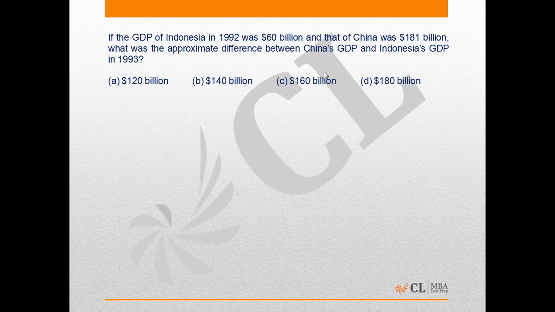In the first question, it is given that the GDP of Indonesia in 1992 was $60 billion and that of China is $181 billion. What was the approximate difference between the GDP of China and that of Indonesia in 1993?